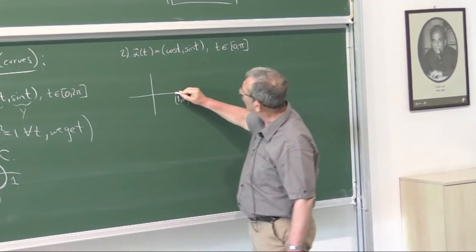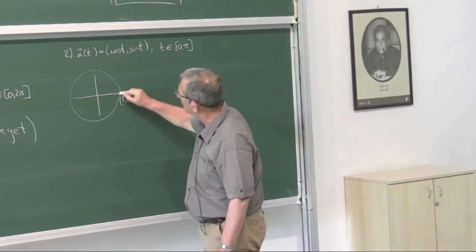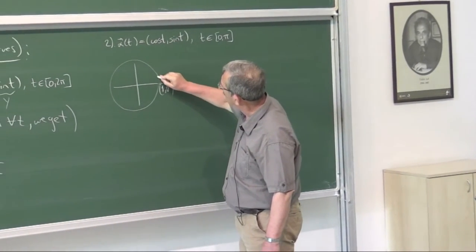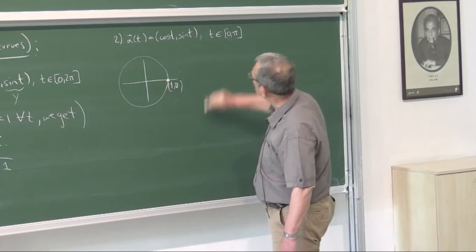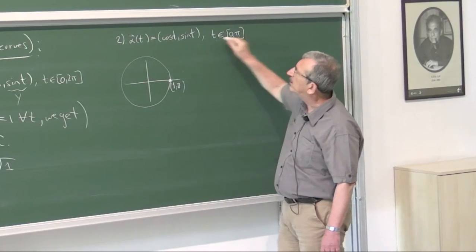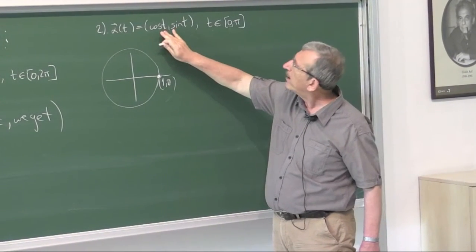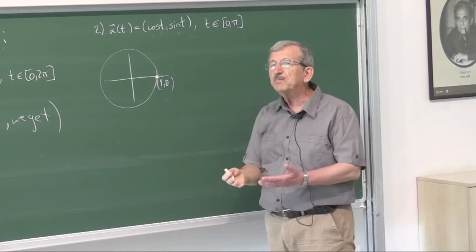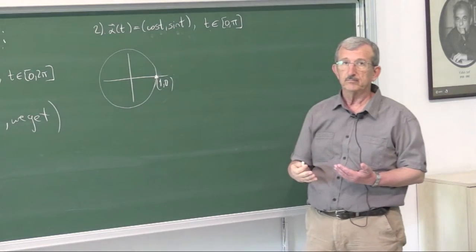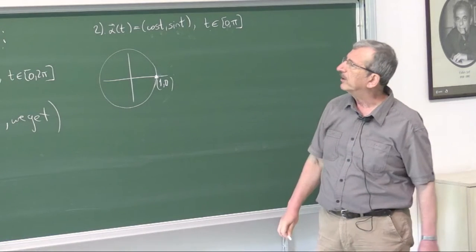We have a circle, all right. But when t increases, clearly here, for every point x, y, t represents the angle from the geometry directly.